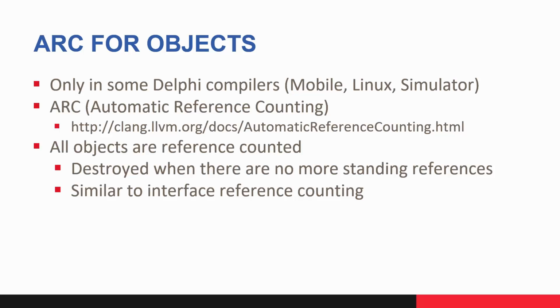ARC is a nice model because it's basically deterministic, meaning when an object is destroyed, you're executing the destructor directly when the memory is deallocated. Again, in a deterministic fashion, even if it might be fairly complex to understand when that's going to happen. And it doesn't require a background thread or anything.